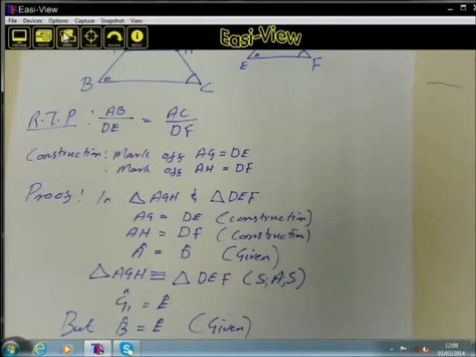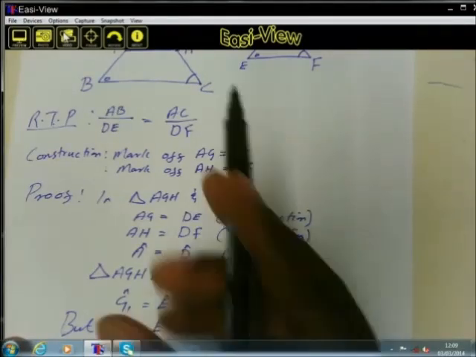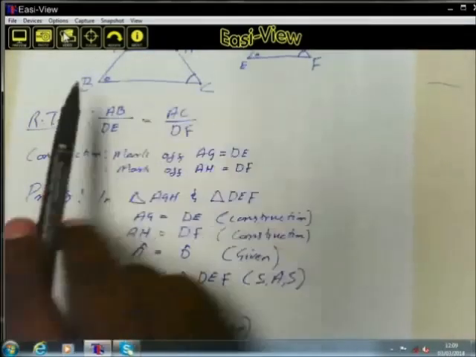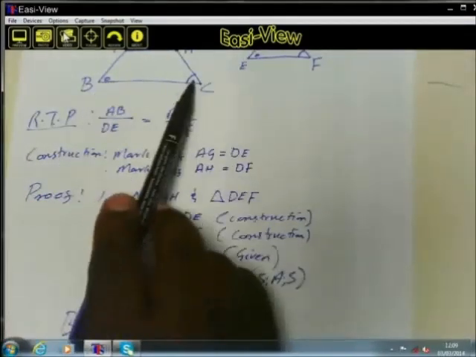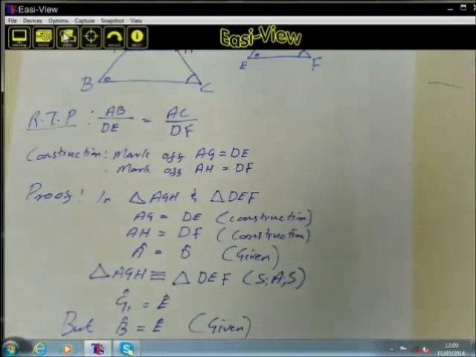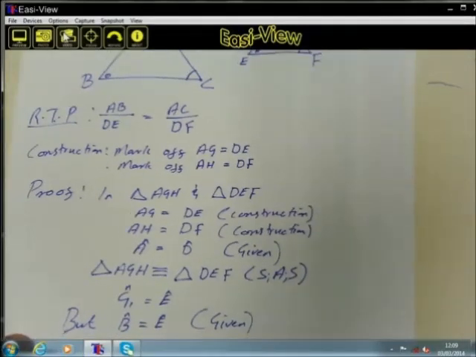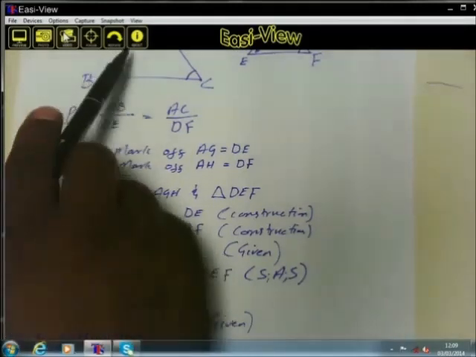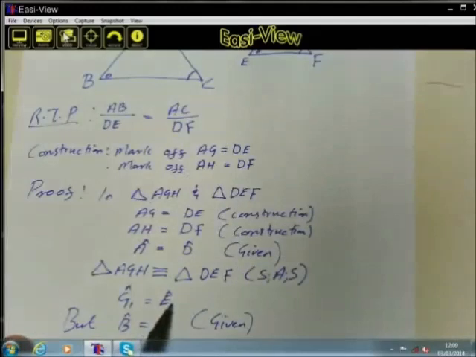By equiangular, it means all corresponding angles are equal. So angle A is equal to angle D, angle B is equal to angle E, and C is equal to angle F. So B is equal to E from the given. That is what was given. But G1 is equal to E from congruency.